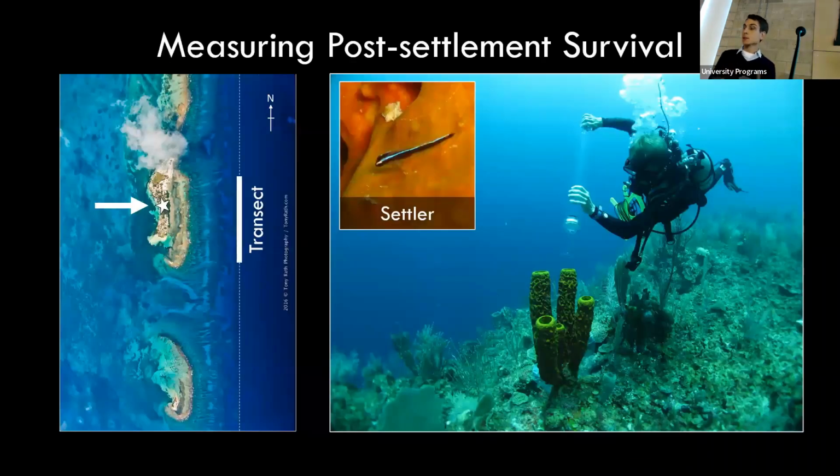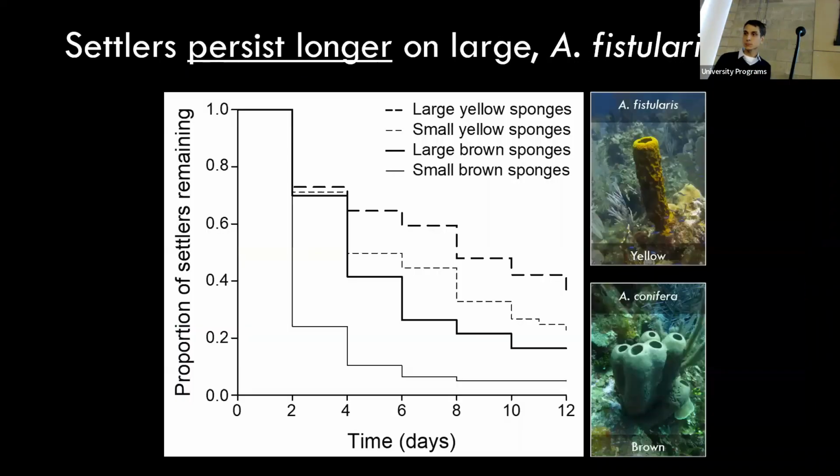Okay, so to determine whether settlers survive better on different sponge species, I went back to this transect and removed the settlers from 60 yellow tube sponges and 60 brown tube sponges. And then I collected settlers from outside the transect and seeded them onto those vacant sponges. And then I went back and used scuba to survey these sponges every 1 to 2 days and recorded the presence or absence of that settler on the sponge.